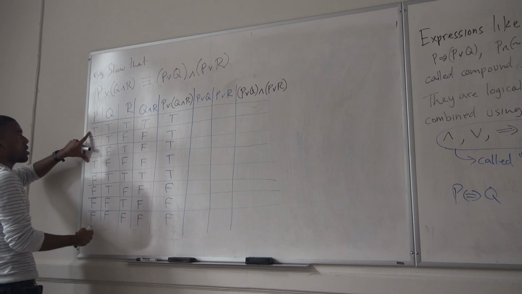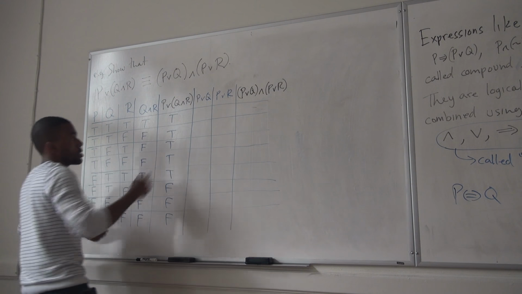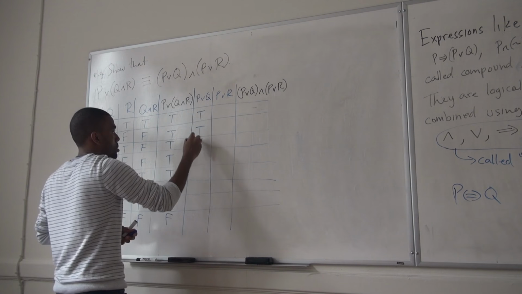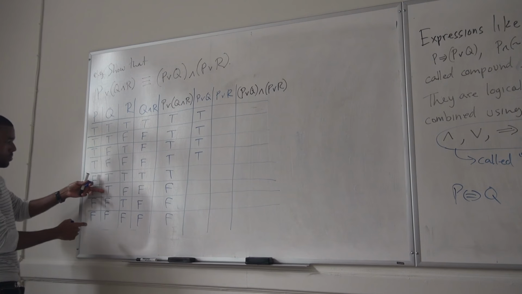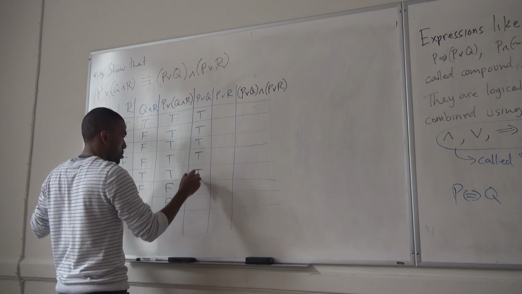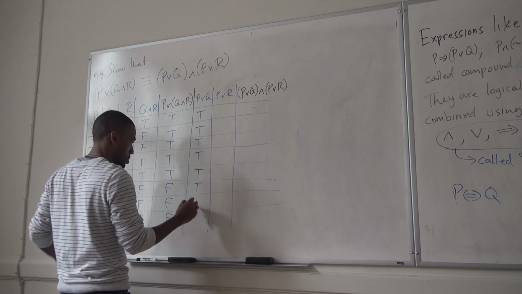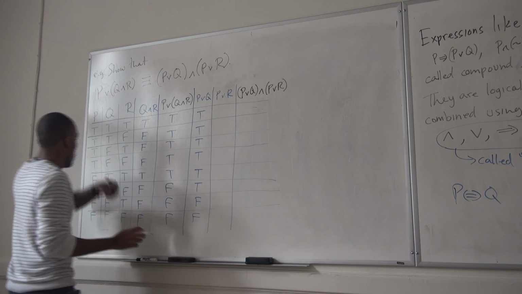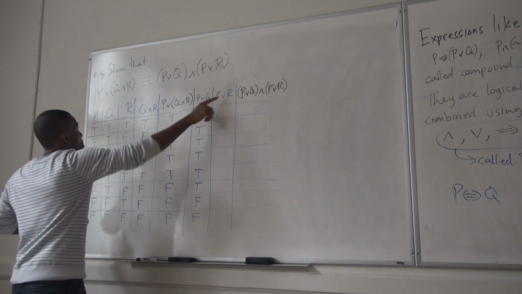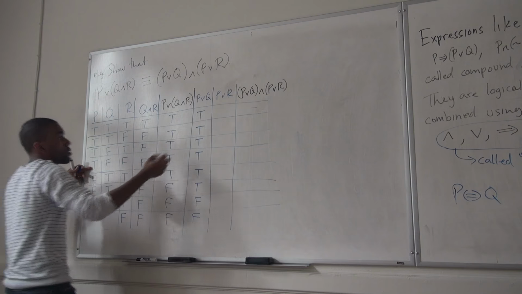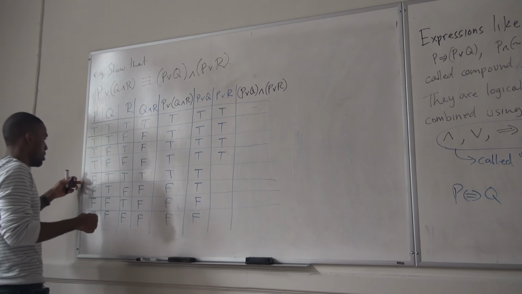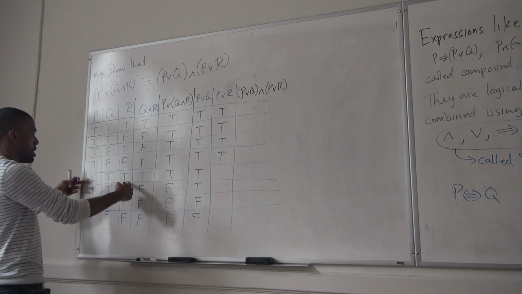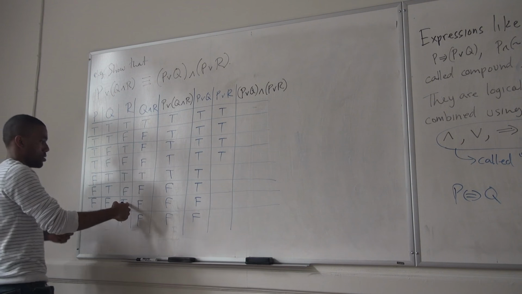The first four are going to be true because P is true. The last four, it's true in the first two but false in the second. If I look at P or R, it's true for the first four because P is true. For the last four, it's true, false, true, false.